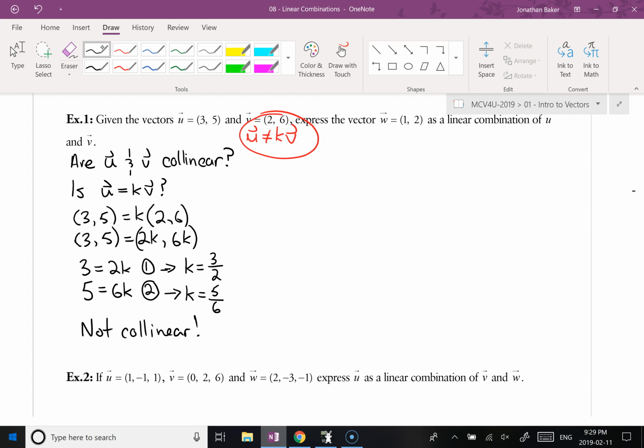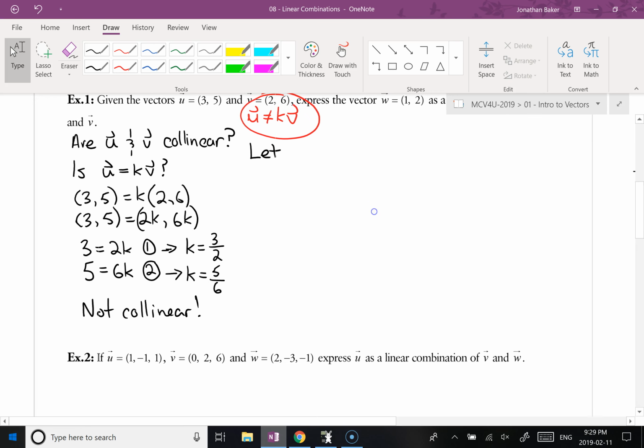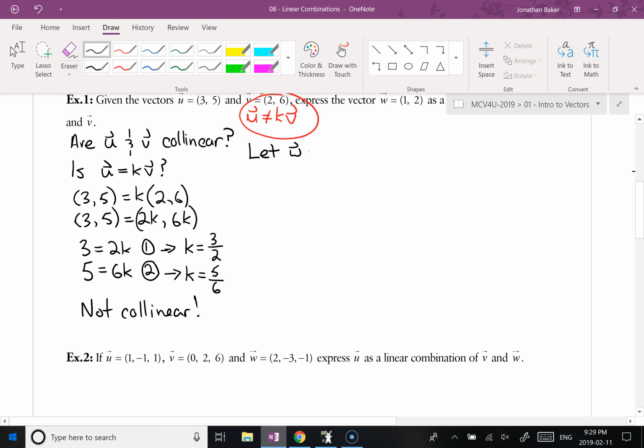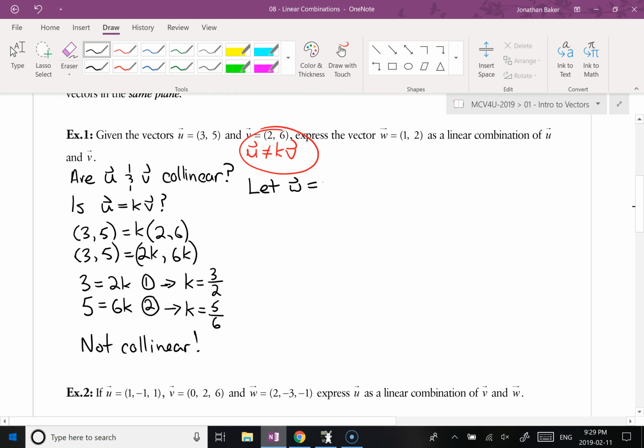All right, so now to actually get into the business of this question, what we have to do is begin with a let statement to create a linear combination. So we're going to let vector w equal a times vector u plus b times vector v.